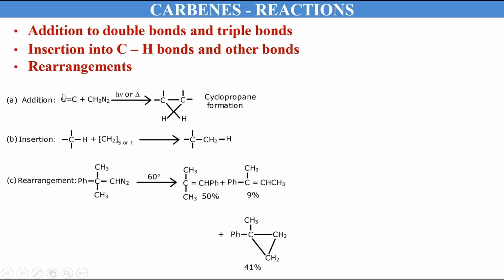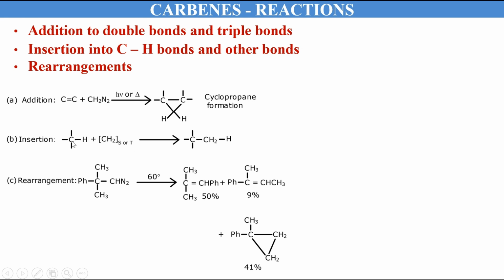For example, I take an alkene and treat it with diazomethane and heat it, or pass UV light. It gets added upon the carbon-carbon double bond and gives rise to the formation of cyclopropane. The carbene is in either singlet or triplet state, S and T representing singlet and triplet respectively.